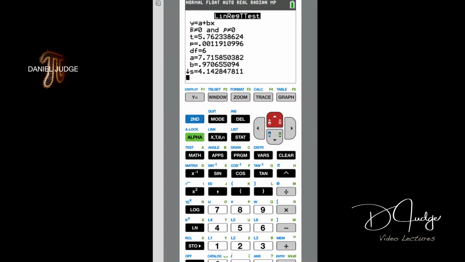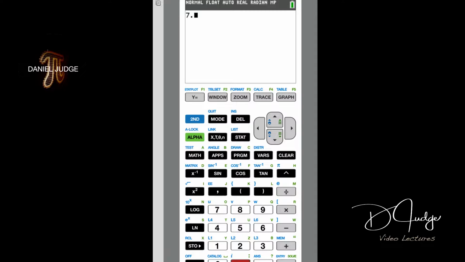So clear that out. 7.716 plus 0.971 times that 30 number of advertisements. If we approximate to a whole number, we can expect to sell 37 cars.